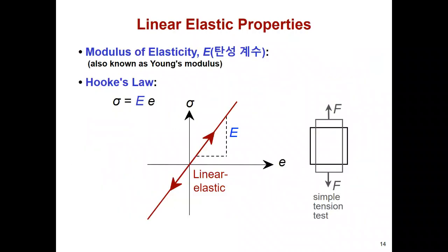So we learned about stress and strain, and from this relationship we can define some material properties. The first material property is Young's modulus, or modulus of elasticity.